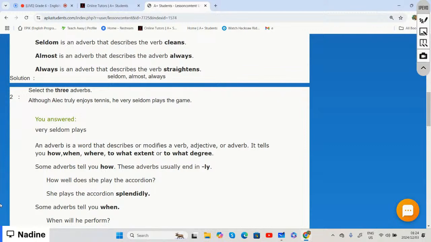We now need to select three adverbs within the sentence.